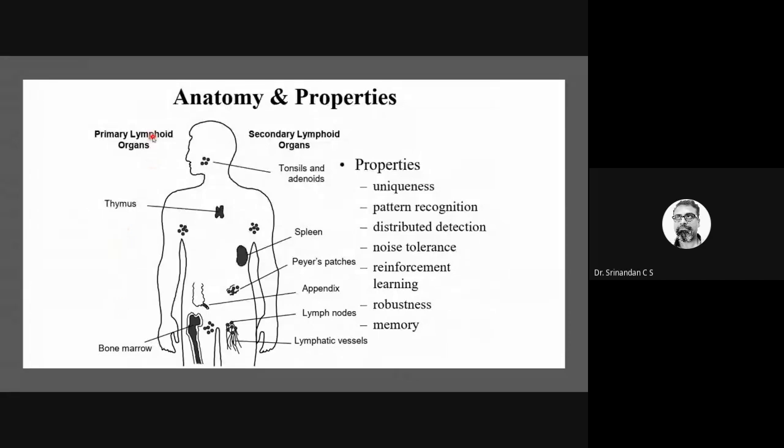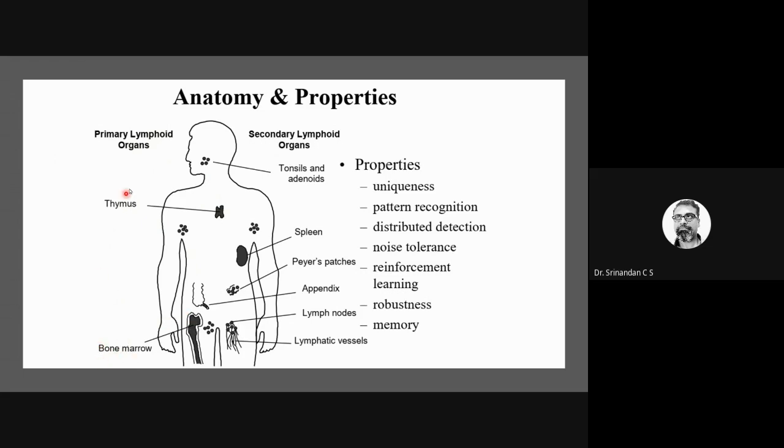That is called lymph, and it also circulates through the body. Lymph has lymphoid organs, and the primary lymphoid organs are essentially the bone marrow and the thymus. The thymus, we told, is near the chest somewhere in between, and the bone marrow is inside the bone.